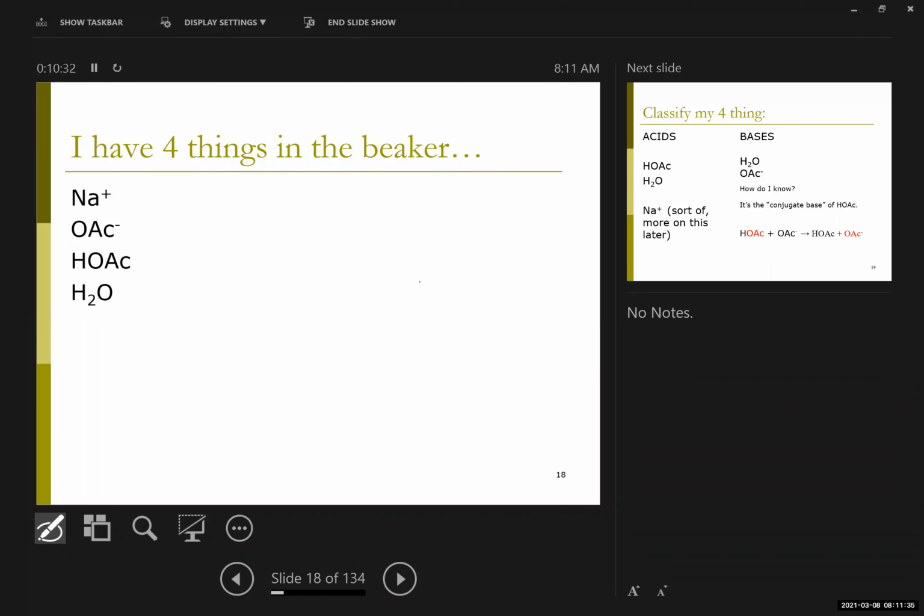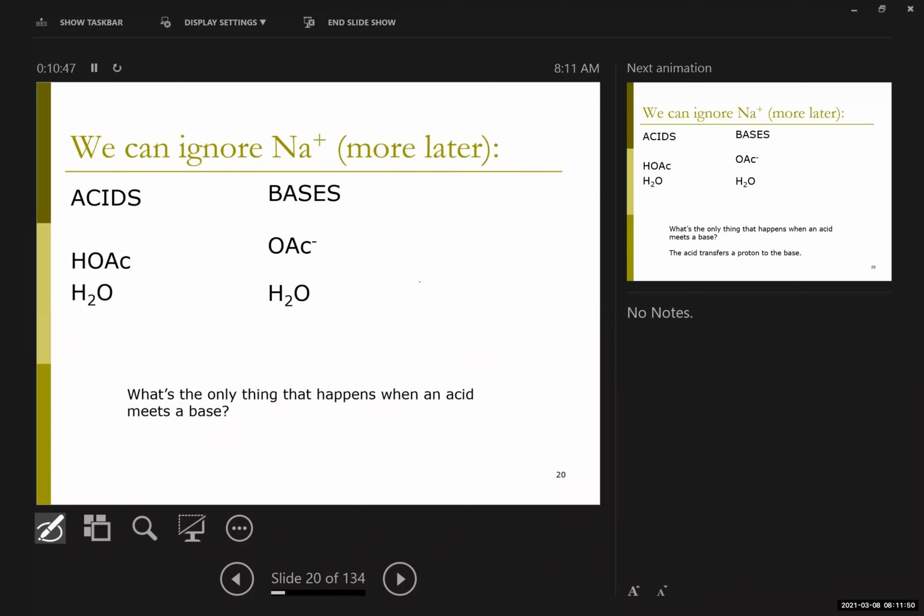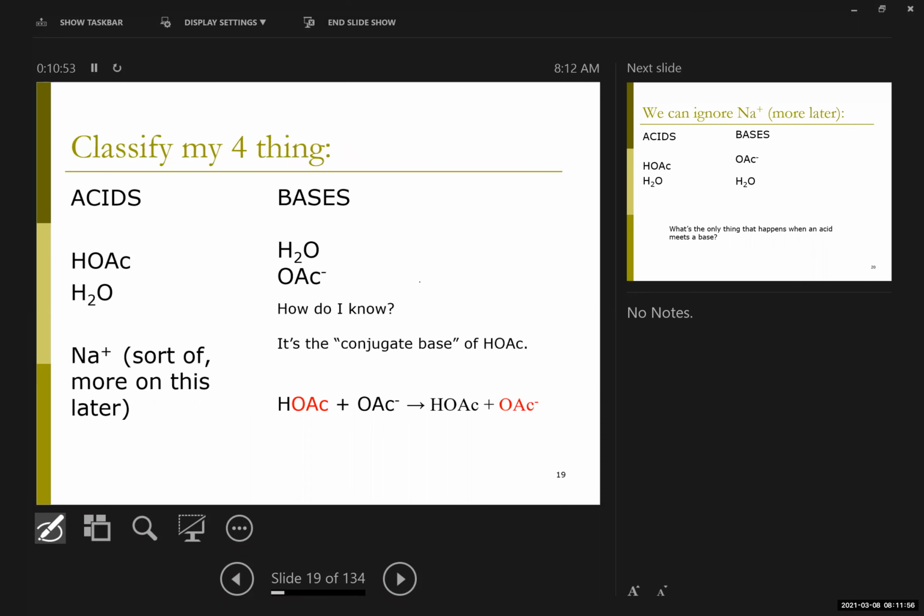And so I'd like to classify my four things, because again, it's a pH problem. I'm talking acids and bases. What's going to matter is what my acids and bases are. And so technically, water is both an acid and a base, so it belongs in both categories.